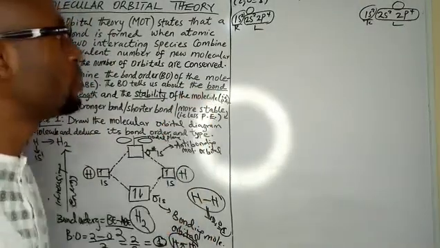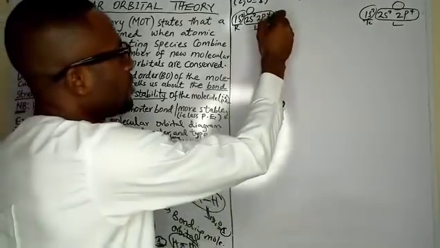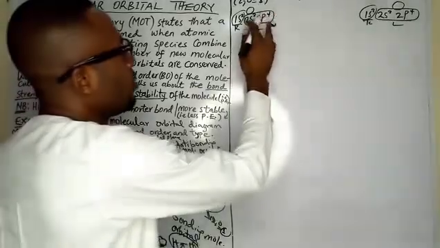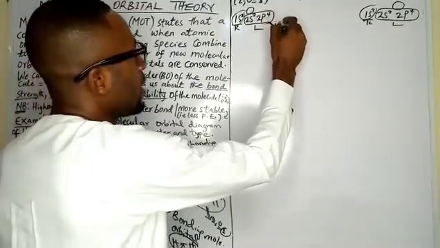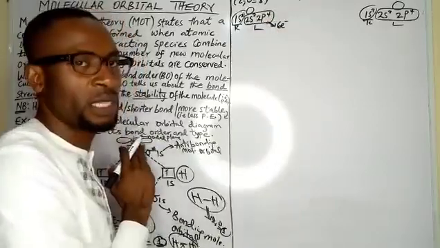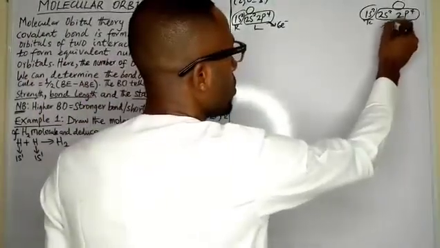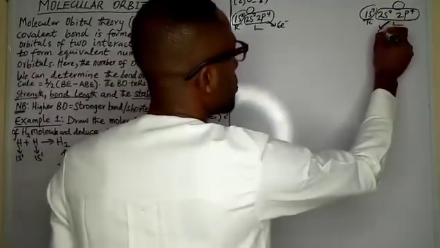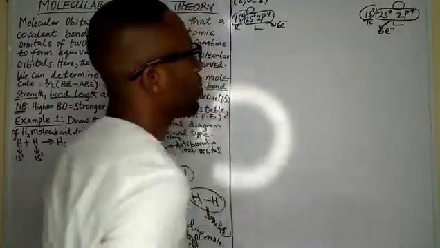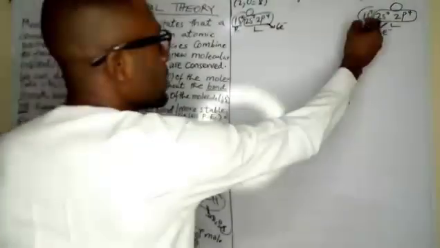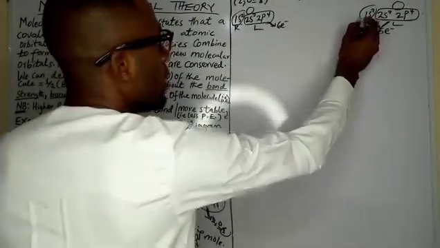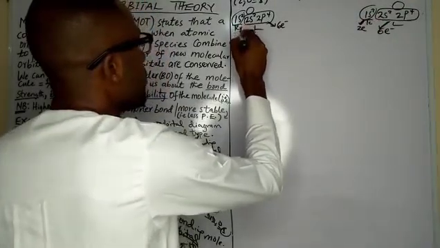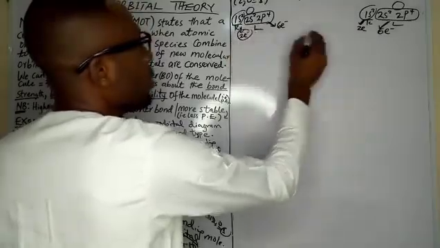So when we want to depict the molecular orbital diagram, we are going to focus here. 2 plus 4 is 6 electrons. So for the first oxygen atom, we have 6 electrons to work with. For the second oxygen atom, we also have 6 electrons to work with. The 2 electrons in the 1s are the inner core electrons. We are not using them for making chemical bonds.